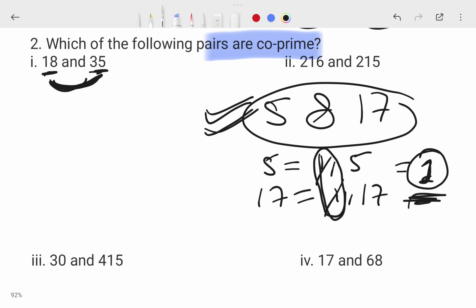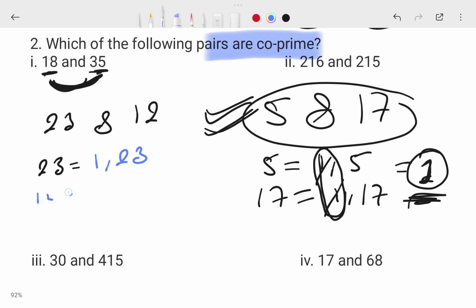Okay, let's take another example. Let's suppose this is 23 and this is, not 63, I will take 12. Write the factors of 23. If you write the factors of 23, then it is 1 and 23 only. The factors of 12 are 1, 2, 3, 4, 6 and 12.